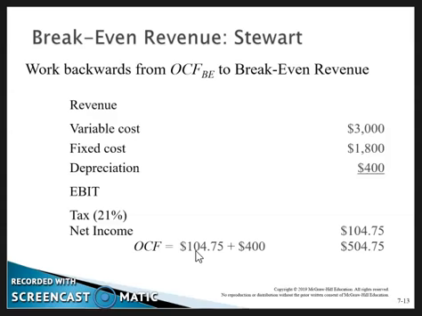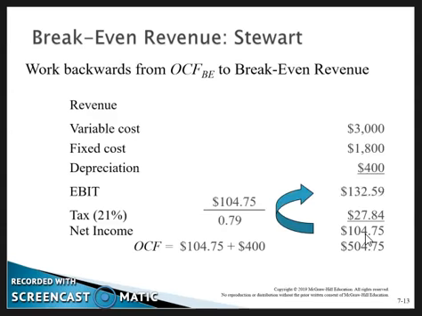Now we can calculate our taxes and EBIT by dividing the net income by 1 minus the tax rate, 21%. So 104 million 750,000 divided by 0.79 is 132.59.